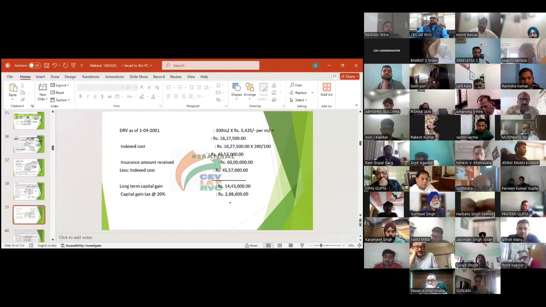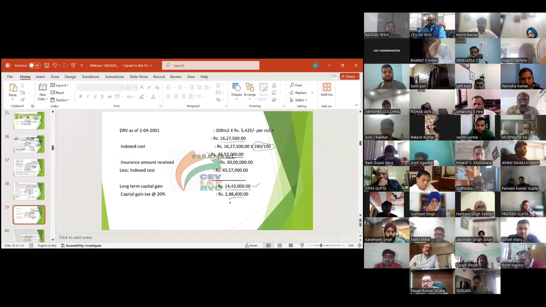So the depreciated replacement value comes out to be 16,27,500 multiplied by 280 upon 100. For indexation, the value comes out to be 45,57,000. So long-term capital gain is 14,43,000. You calculate at the rate of 20%, which is 2,88,600.